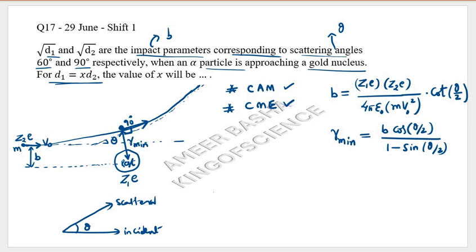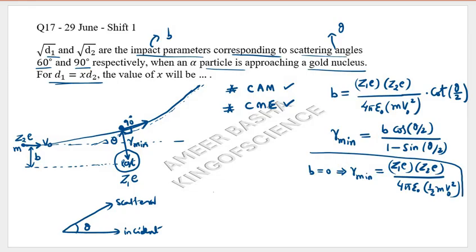For the special case when b is equal to 0, that is the limit theta tends to 180 degrees, r minimum becomes Z1e into Z2e divided by 4 pi epsilon naught into half m v square, which follows from loss in kinetic energy equal to gain in electrostatic potential energy.